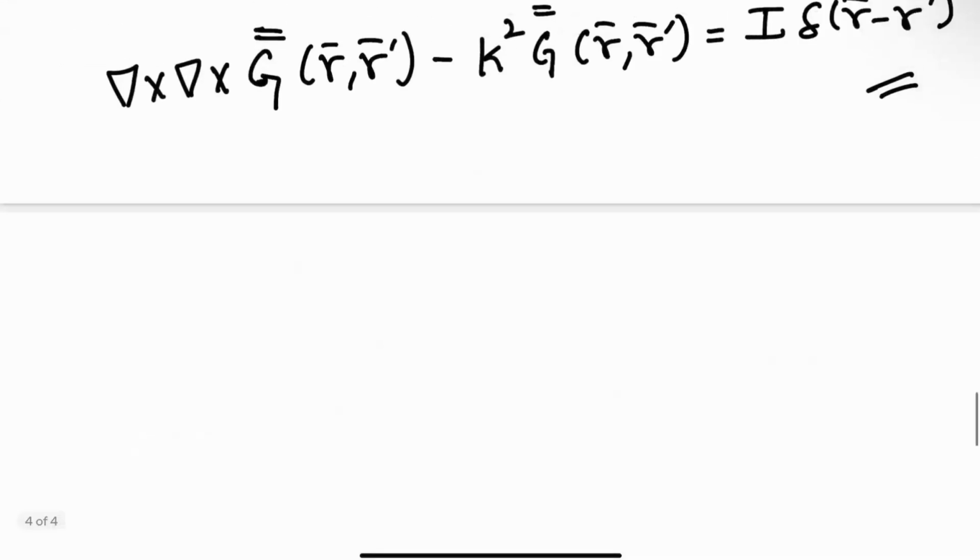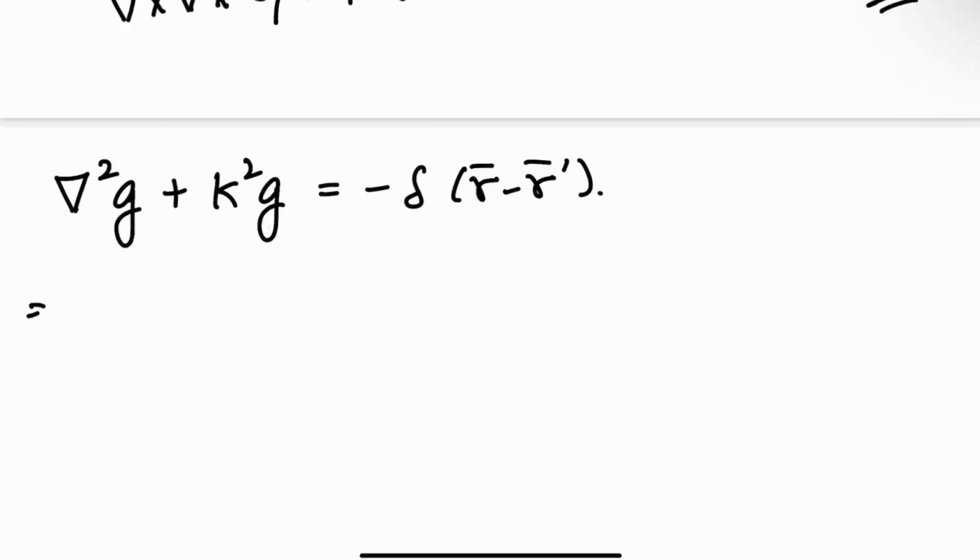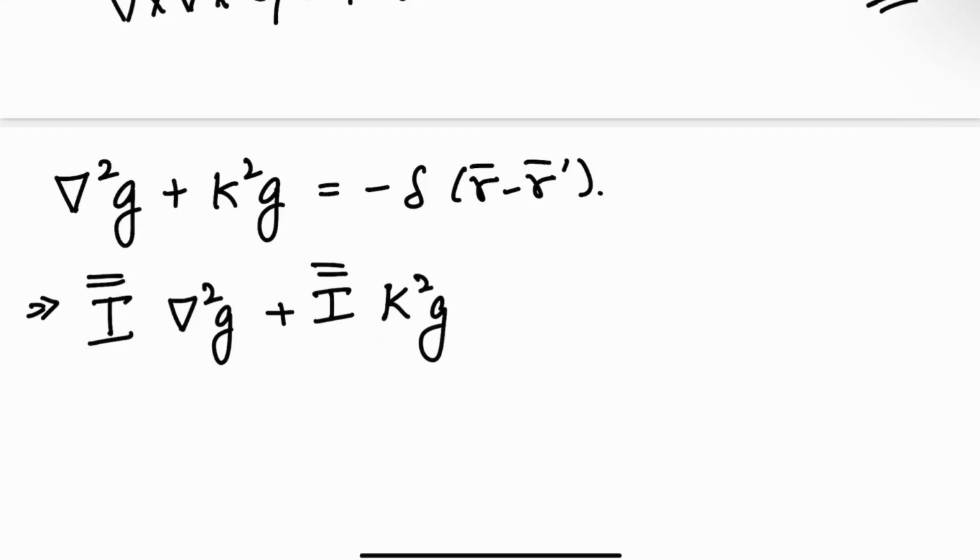Okay, so essentially we will start with the scalar wave equation and try to find a quantity that satisfies a vector wave equation like this, a tensor quantity. So we start with this. To make it a tensor, the simplest thing to do is to multiply on both sides with the identity matrix. So we get del squared g plus k squared g equal to minus delta.